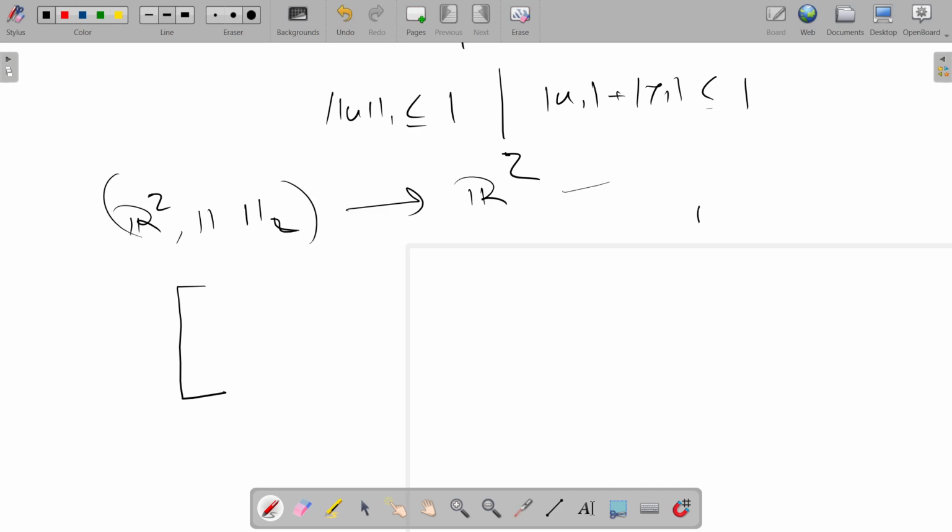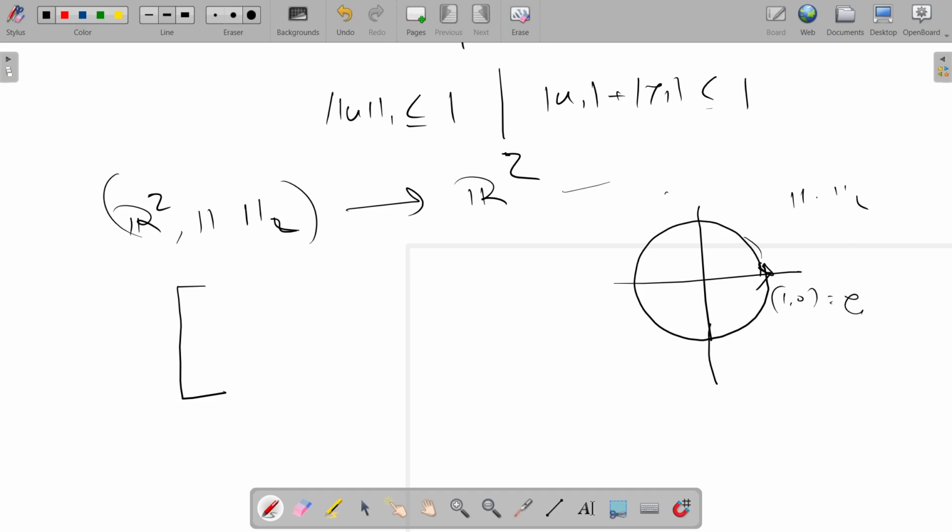So in this norm, a closed unit ball will look like this, of course, right? This is a circle. Oh my God, such a bad circle. Okay, yeah, a circle will look like this. Now, using a linear transformation, we want to make it an ellipse. So this is a unit circle. This is our (1, 0), or E1. This is our (0, 1), or E2.